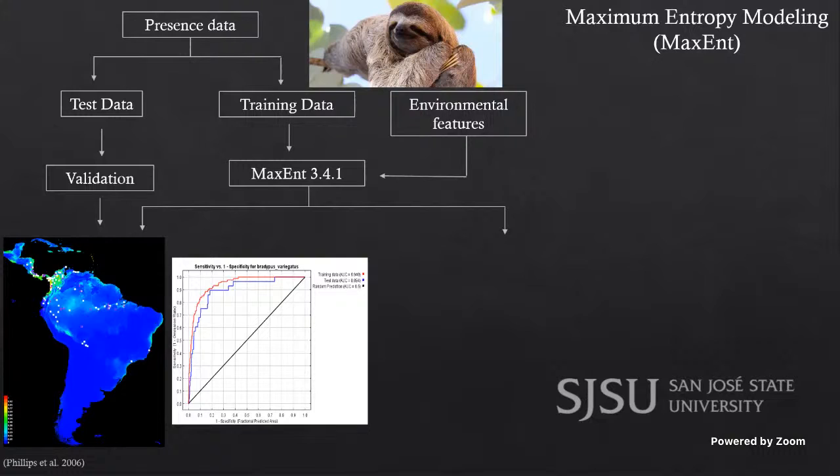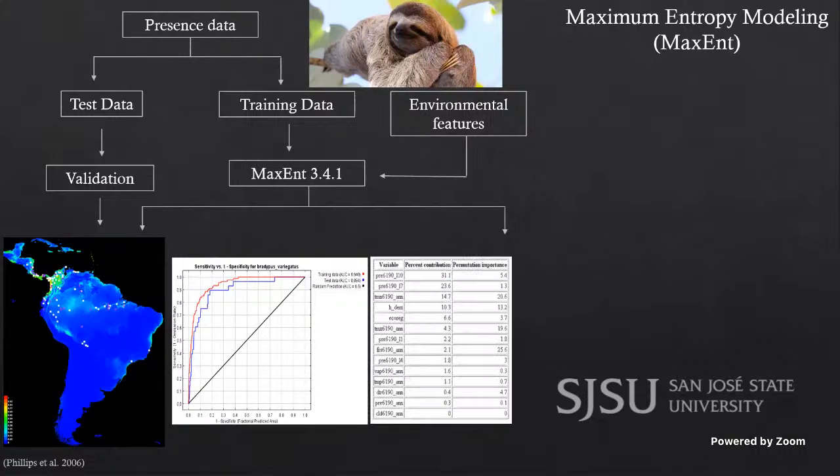The AUC is interpreted as the probability that a randomly chosen presence is ranked greater than a random background point. The AUC here is provided for both test and training data. Your test and training data, seen on these red and blue lines, will be nearly identical. And we're focused here on the test AUC, and this measures the capability of model predictions to differentiate observed presences and absences for the test data.